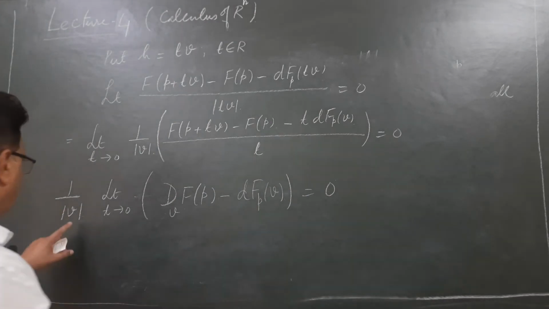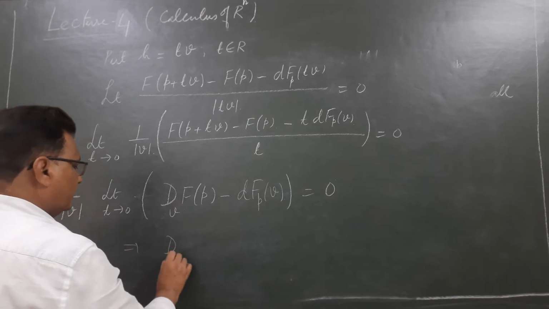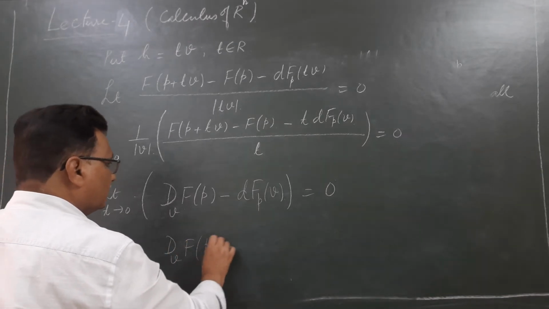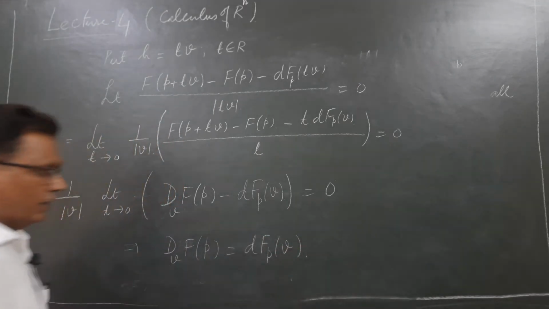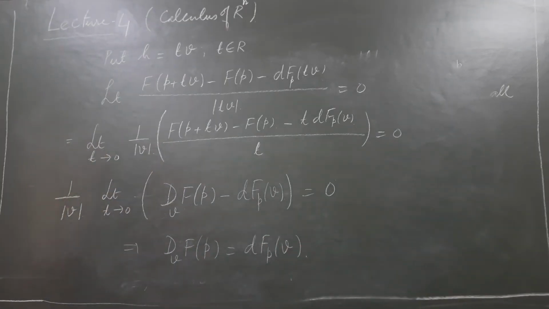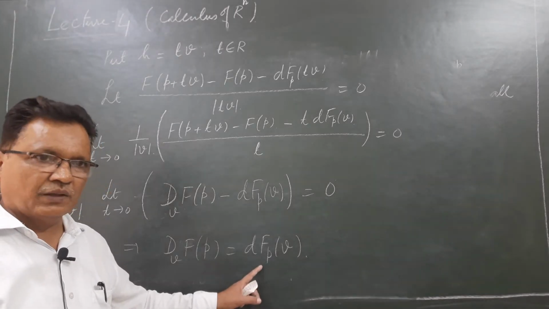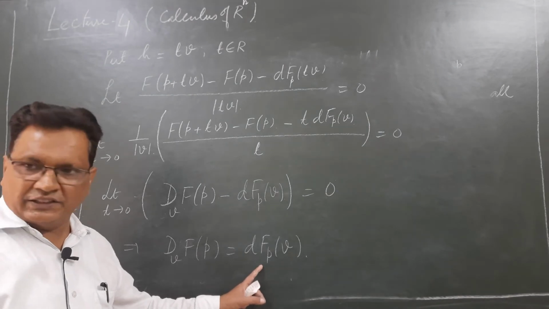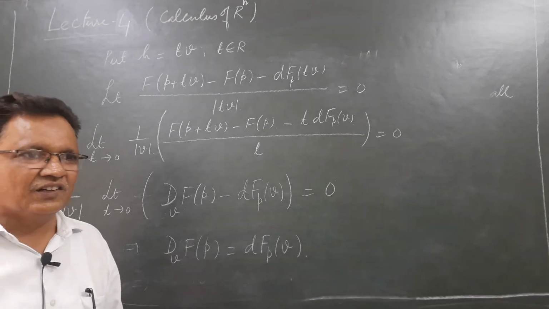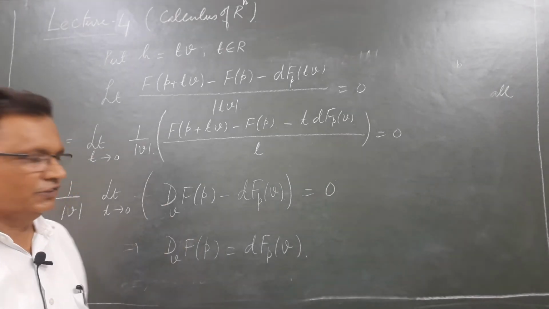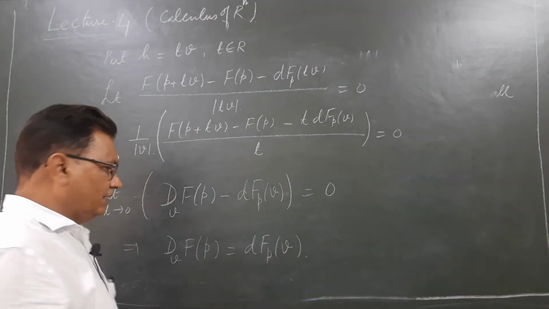This thing is equal to 0 and this is non-zero, so it gives me D_v f(p) is equal to df_p(v), and this is what you wanted to prove. So whenever a function is differentiable, if you want to compute its differential at a point v, that will be nothing but the directional derivative along v. Okay, so this is how sometimes the differential of f is computed in terms of directional derivative.